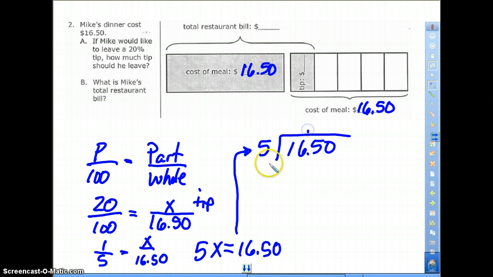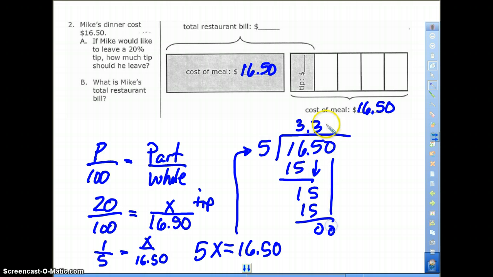Put your decimal point here. 5 goes into 16 3 times. Bring down the 5. 5 goes into 15 3 times. Bring down the 0. Okay, so your tip is how much? Yeah, $3.30.